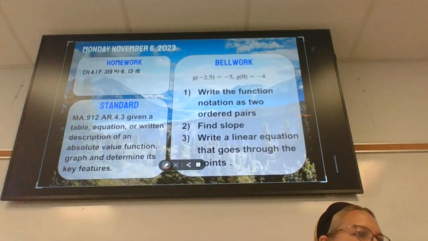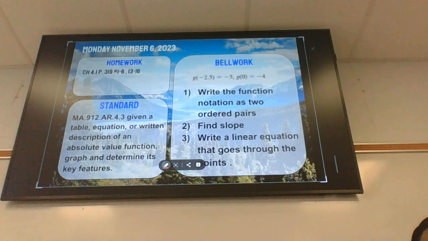Alright, so on Friday we discussed in this function notation, this number is the x value, and the number next to the equal sign is the y value. So one ordered pair is negative 2.5, comma negative 5, and the other one is 0, comma negative 4.